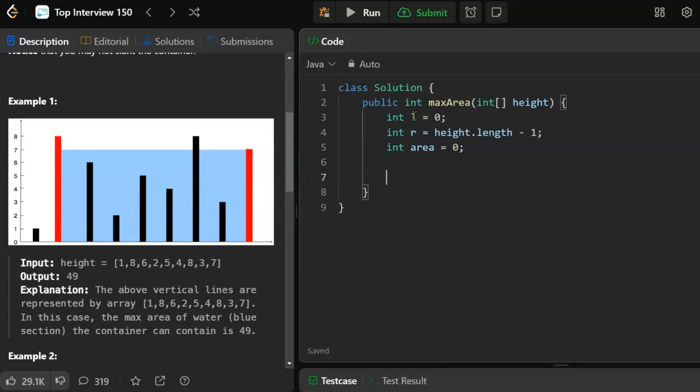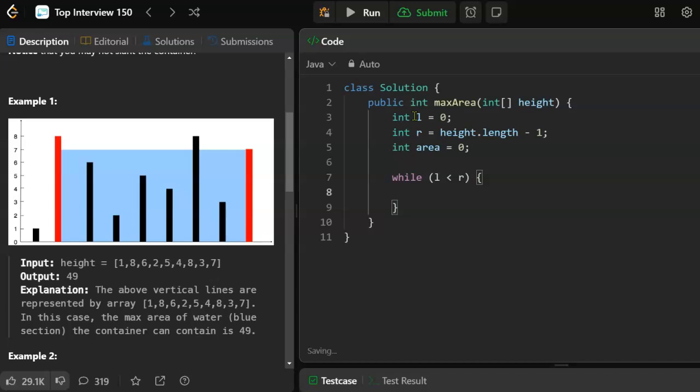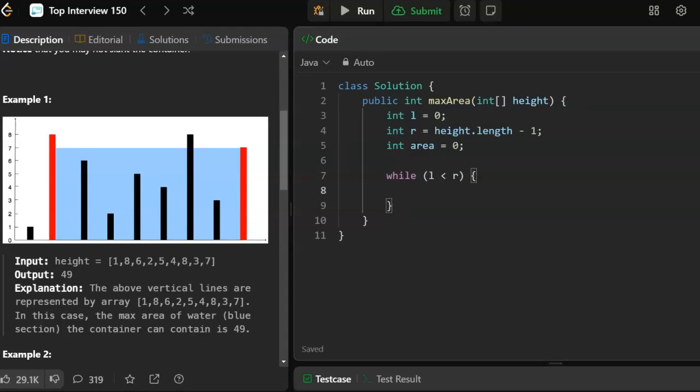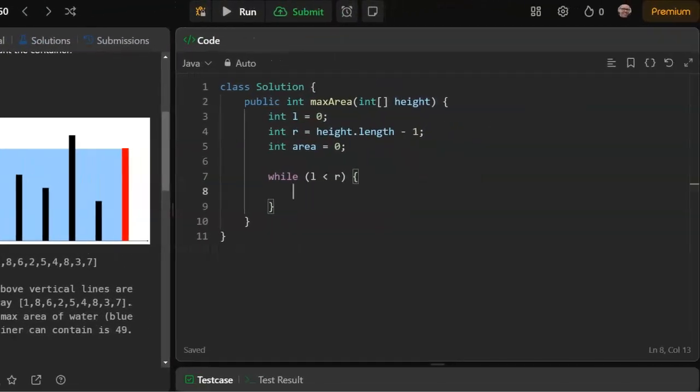And then we can start a loop through the array and say while L is less than R, we are going to calculate the area. Let me move this over so we can see all of it.